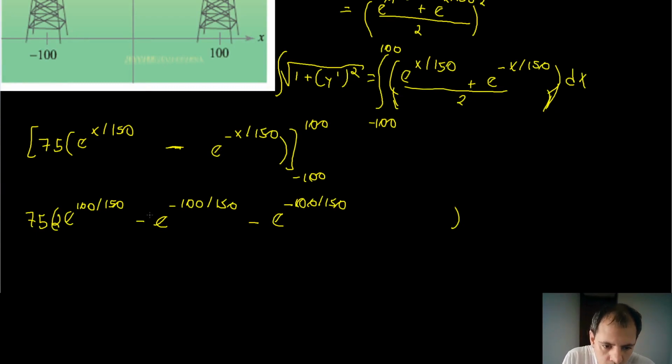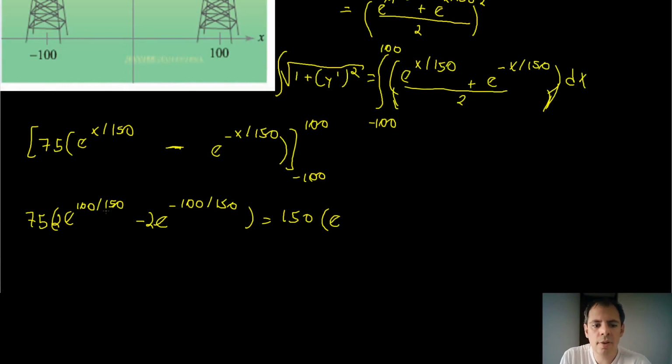So you can just put a 2 here. Now this 2 is over here, so I'm going to factor this 2 out, because you got a 2 here and a 2 here, and multiply with that 75 on the outside.